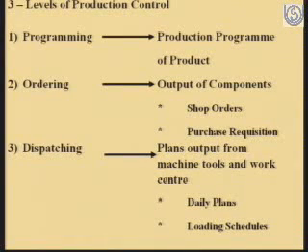And what are the activities involved? Similarly, there are 3 levels of production control activities. First is programming. In programming, we are concerned about the production program of the whole product. That means every week our production target is fixed, and how to achieve that target. Second is ordering: output of components, that is shop orders and purchase orders.